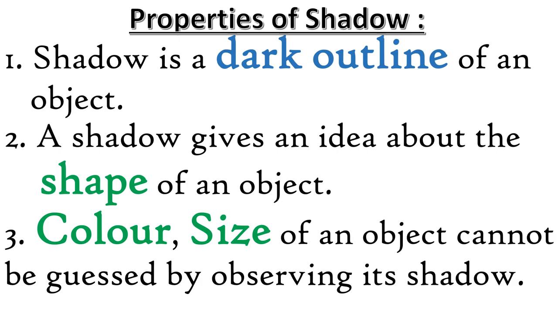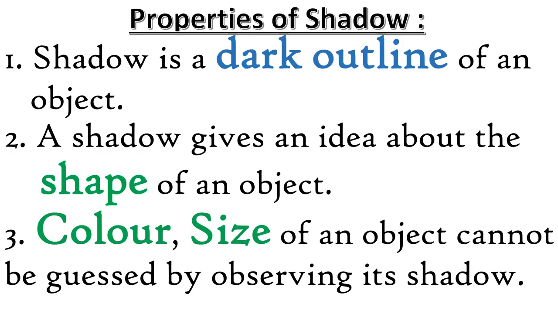Now, let's have a look at some of the properties of shadow. These properties will help us in identifying and knowing a bit more about shadow. Property number 1. Shadow is a dark outline of an object.